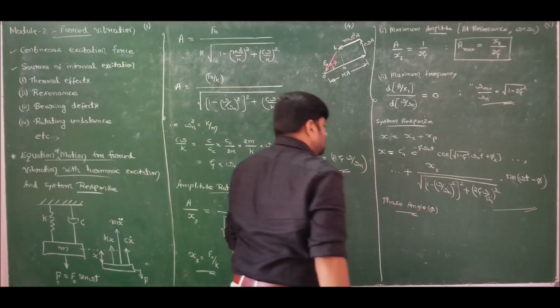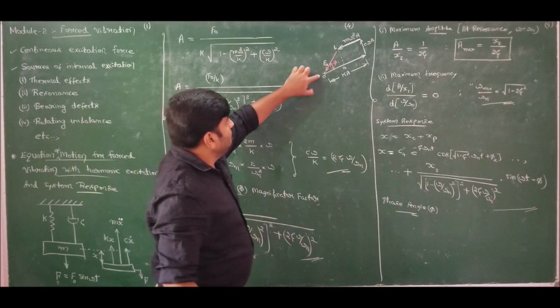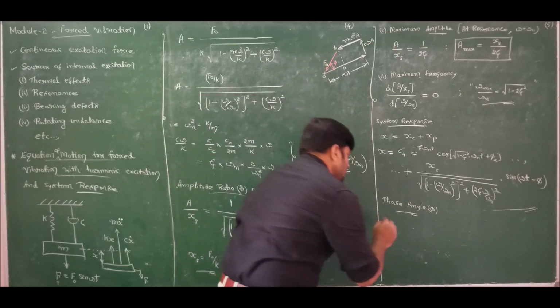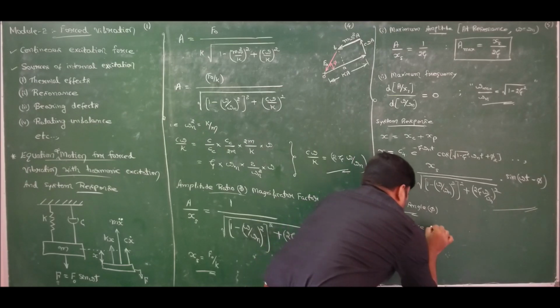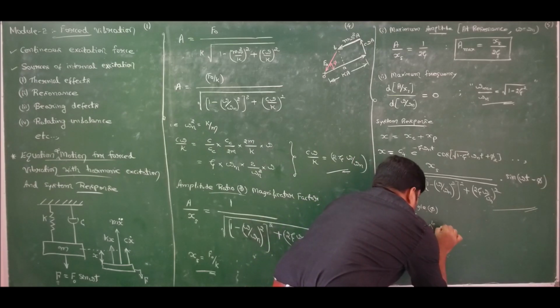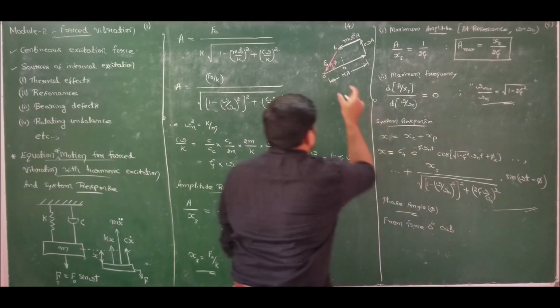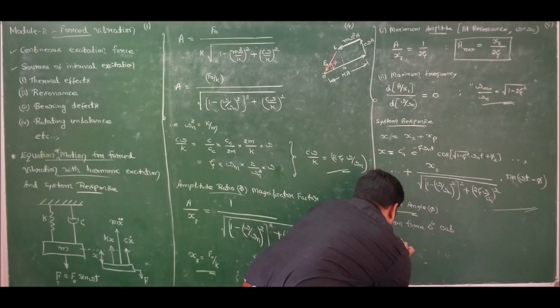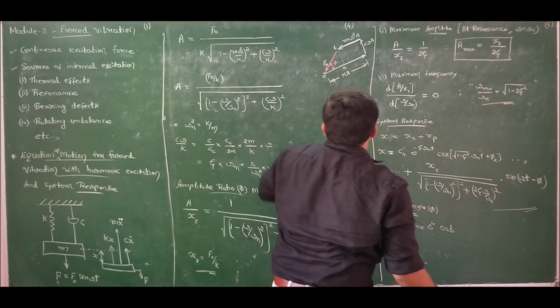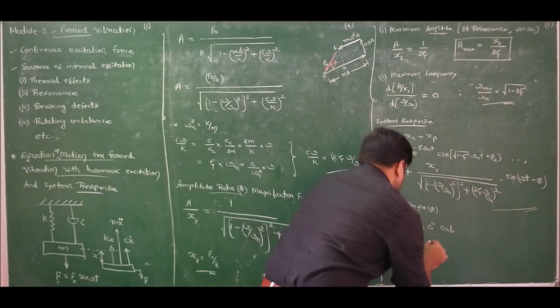The phase angle phi is solved from the force triangle OAB. What can you write? Tan phi is equal to what? Opposite side by adjacent side.